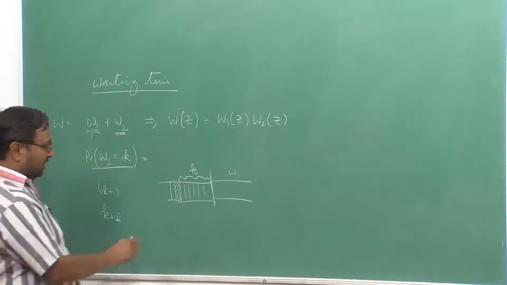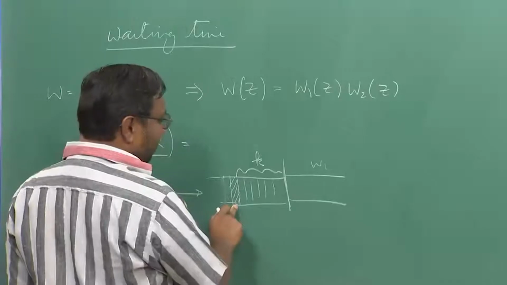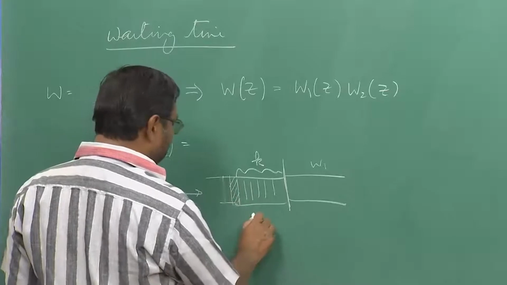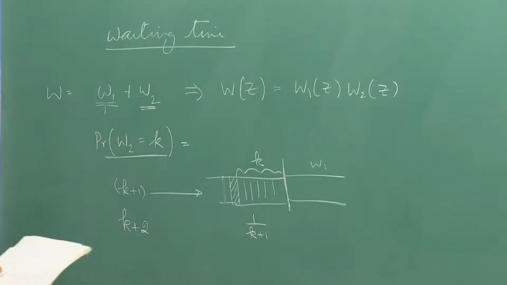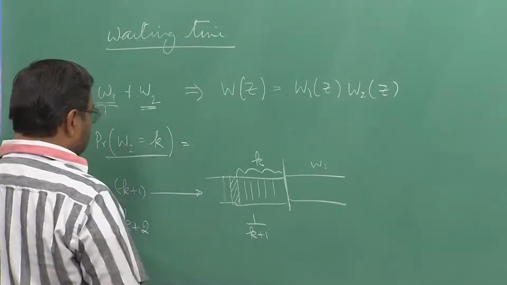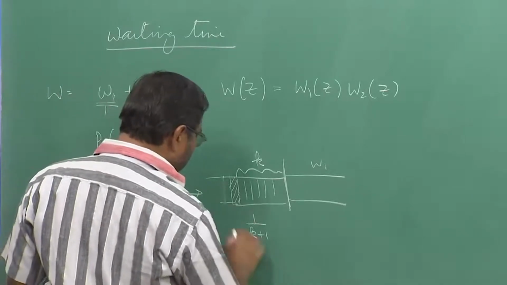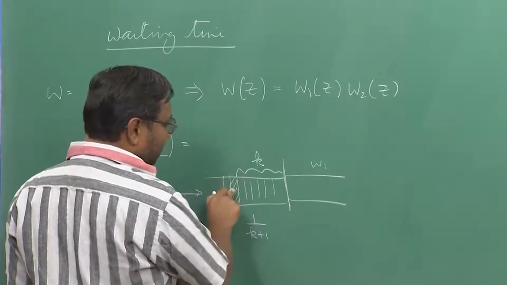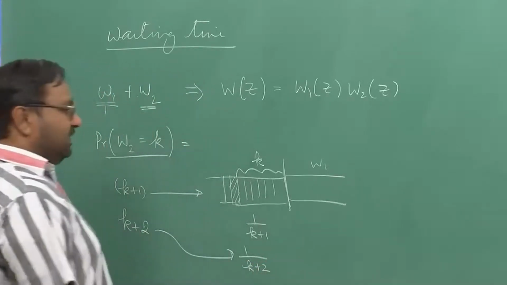When you have only K plus 1, your tagged packet will be present here, and this happens with equally likely probability, which is 1 over K plus 1. When it is K plus 2, because one packet will be here, you can be anywhere equally likely and the probability that your tagged packet is present here is 1 over K plus 2, and so on.